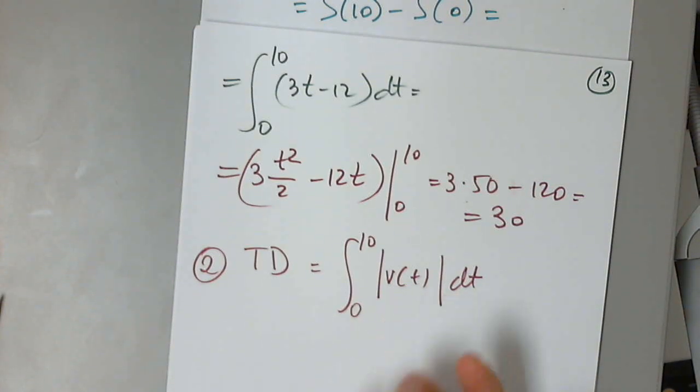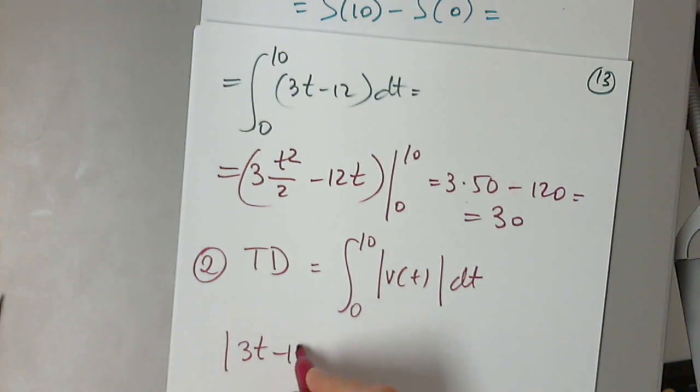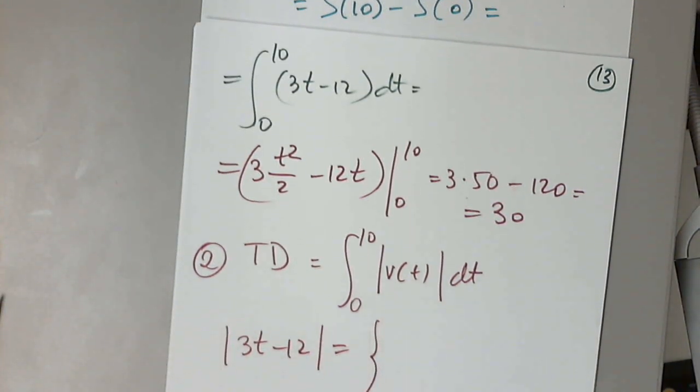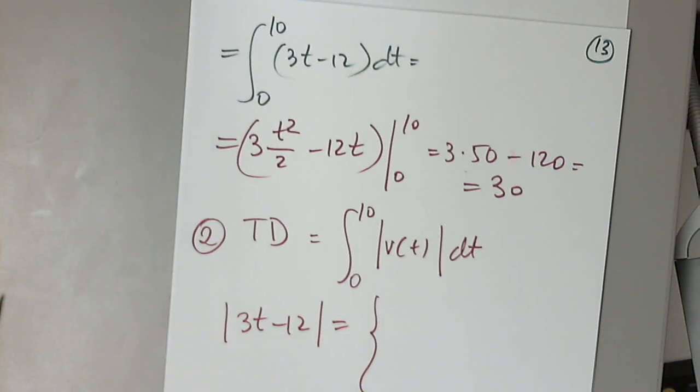So I have to work on this first. So this is 3t minus 12 in absolute value, and we know any absolute value has two options. And what are the options? So what do I write?